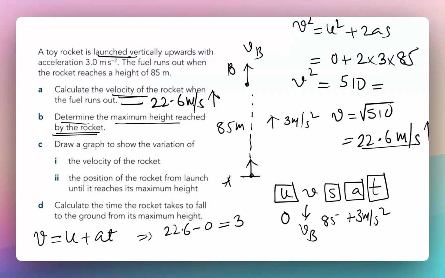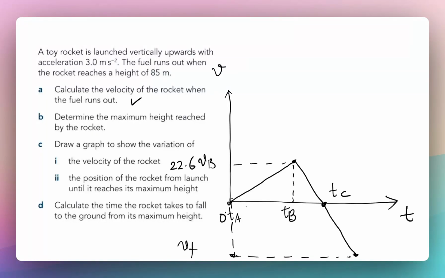And the A is 3 into T. So my T is going to be 22.6 divided by 3. So that time from TA to TB is 22.6 divided by 3, and that is roughly 7.53 seconds. So TA to TB is 7.53 seconds.